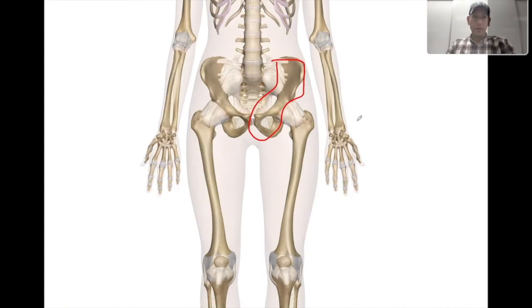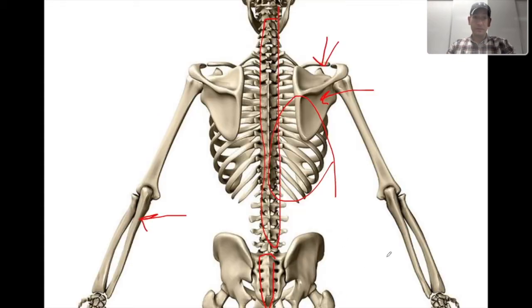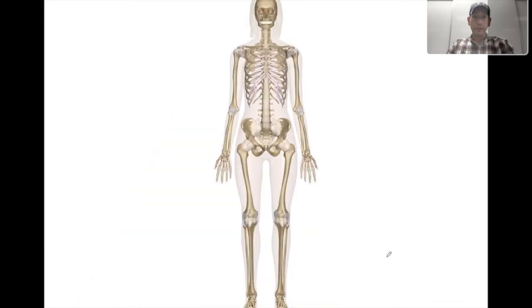However, your phalanges, your metacarpals, the humerus, the tibia, the fibula, these are all examples of long bones. In the feet, your phalanges or your metatarsals, these are long bones. These are all the long bones of the body.